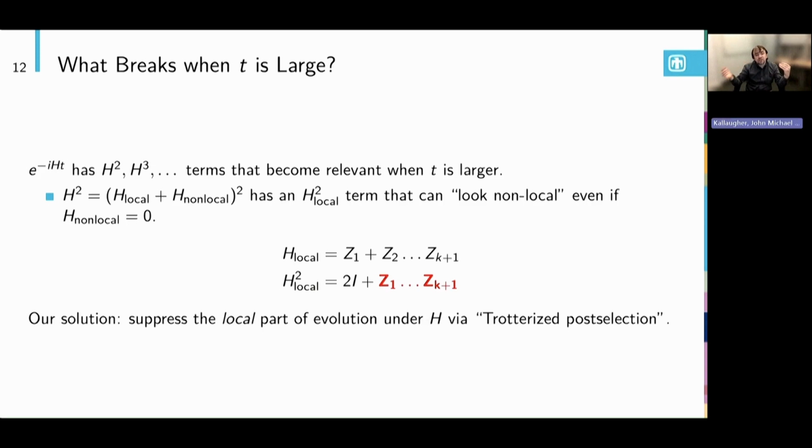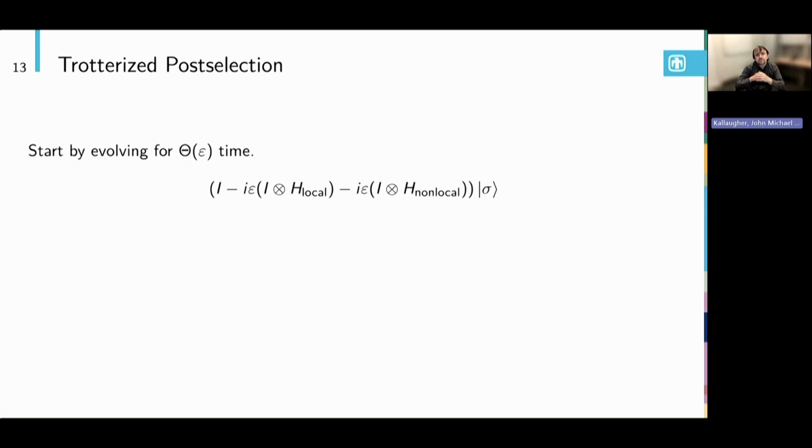So our approach in our algorithm is to suppress the local part of this time evolution using a procedure that we refer to as Trotterized postselection. And so the idea of this is that you start by evolving for just epsilon time.